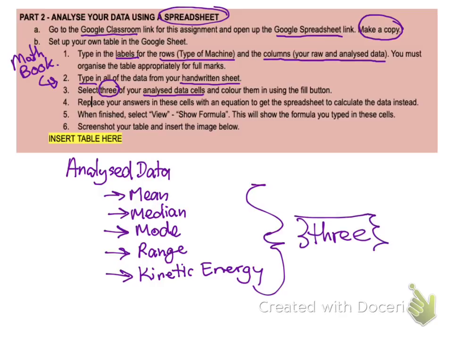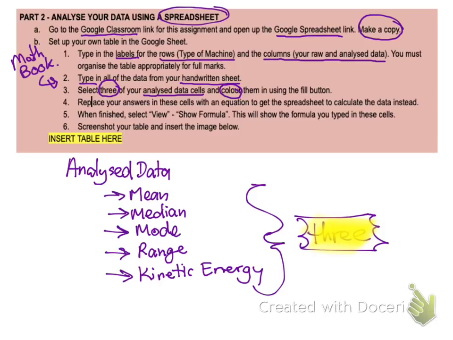Really wrote that badly there, so let's make that nice and fancy. 3 of them. Okay, so any 3 you want. Okay, the more difficult the equation, the better the mark, so think about that before you pick the easiest. Okay, so pick 3 of them, and I want you to actually take their cells and I want you to fill them in with some color so that we know that that's the cell you've chosen to type equations into.